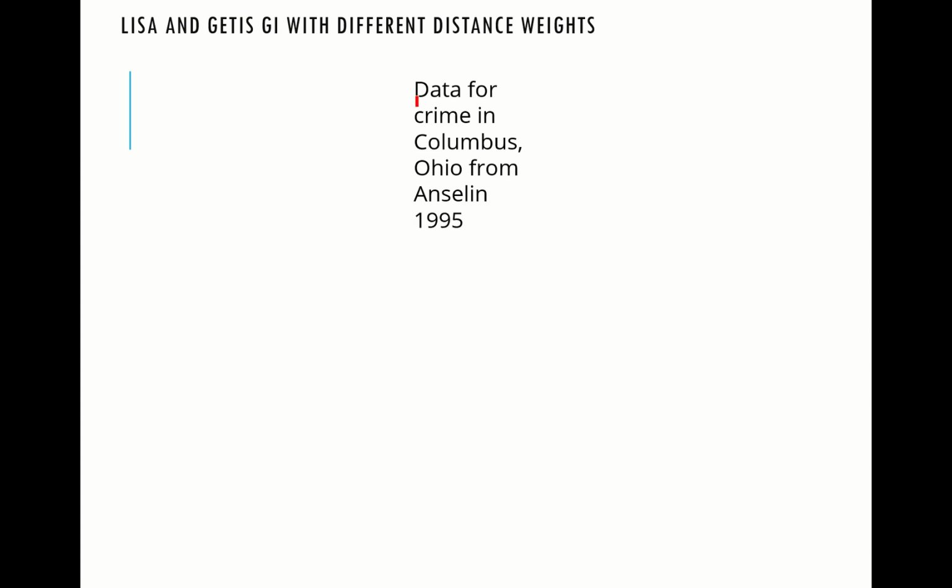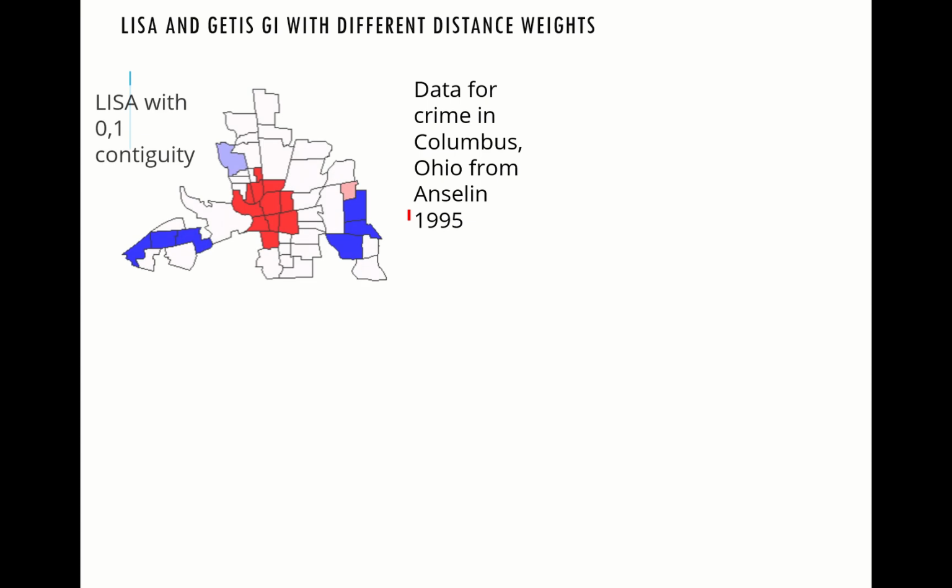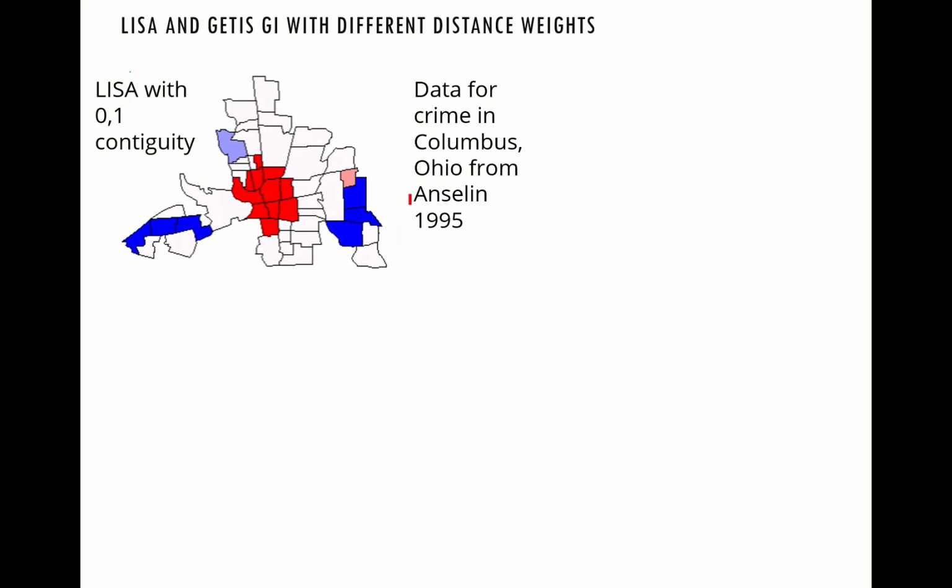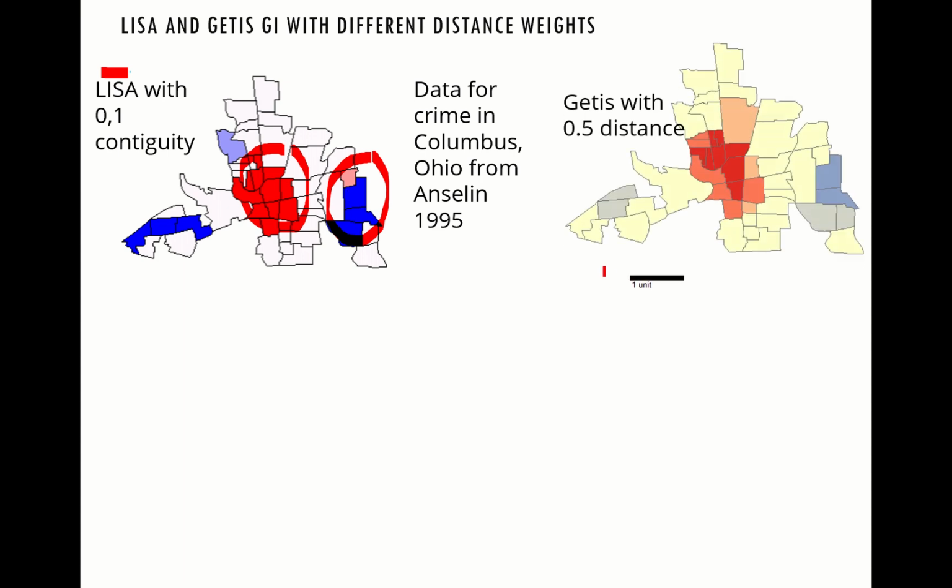So let's compare and look at data for crime in Columbus, Ohio from 1995. We can do the local cluster analysis, say using a LISA like we'll be doing in the lab. So we can identify areas where we have hot spots and cold spots, so low values next to low values, high values next to high values. With the Getis-Ord G, we can get different results based on the range or distance at which we do our analysis.